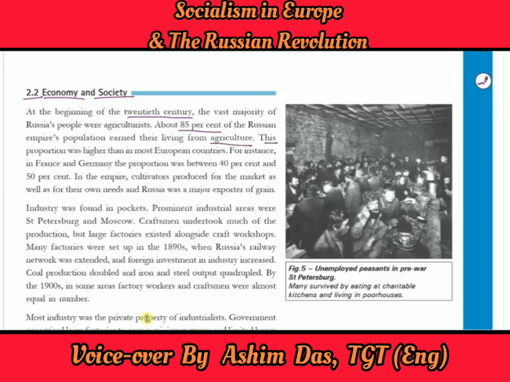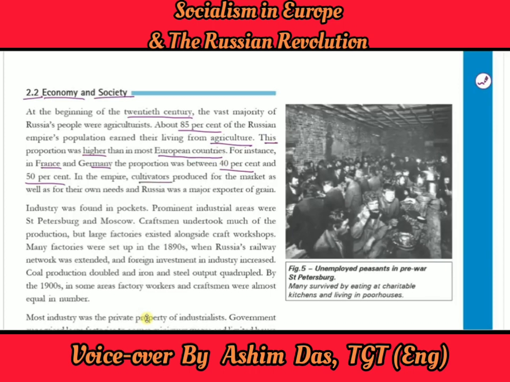In most European countries, people depended on different types of agriculture, but here the percentage was quite high, that is 85%. For instance, in France and Germany, the proportion was between 40% and 50%. So around 40 to 50% of people depended on agriculture in France and Germany.